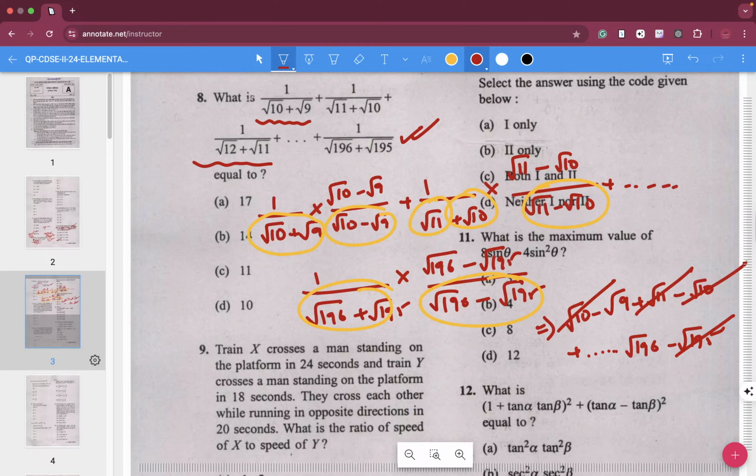Why? Because just one term before that you will have root under 195 minus root under 194. So 195 will get cancelled, 194 and even before that will get cancelled.